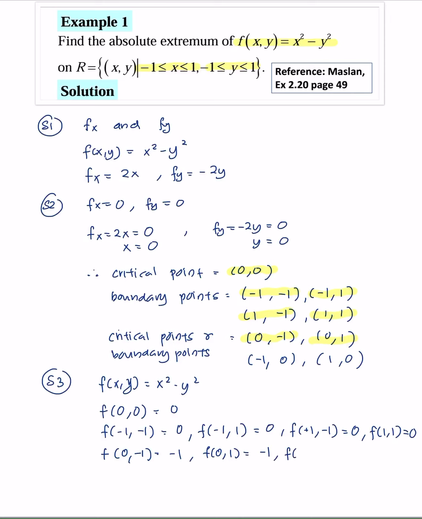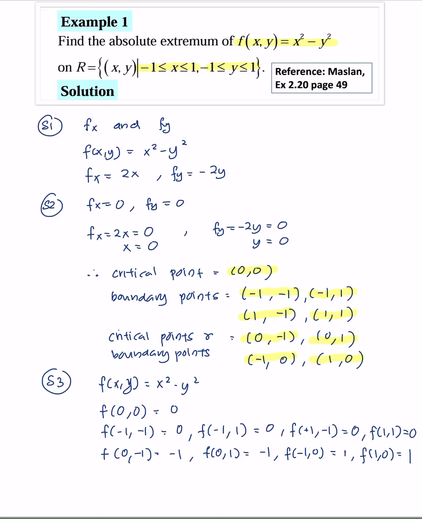For f(-1,0), it will be 1 minus 0, so 1. And the last one, f(1,0), is 1 minus 0, which is 1. That is step 3.